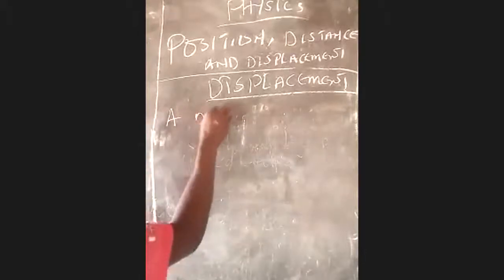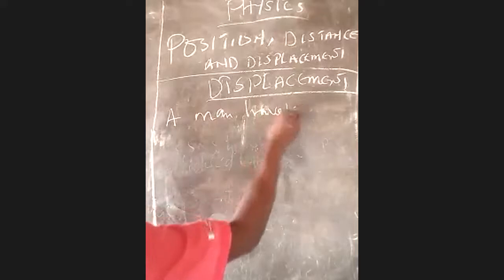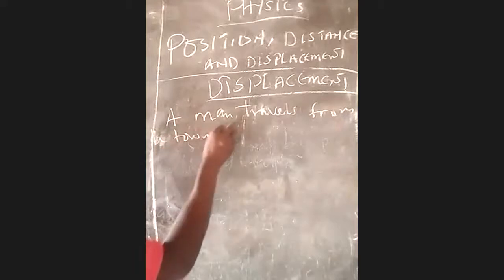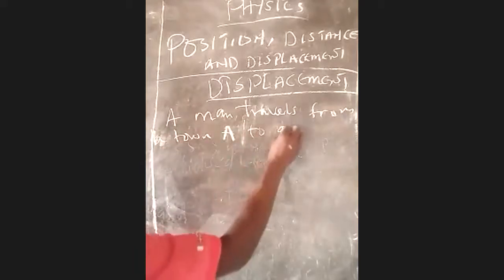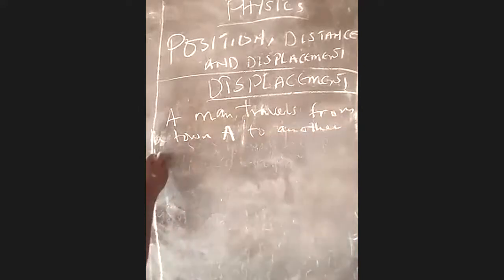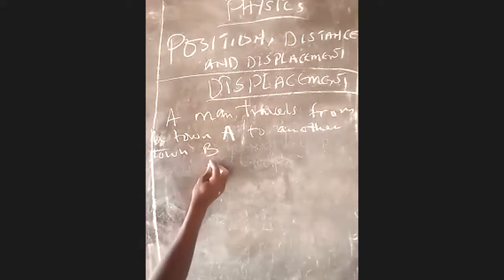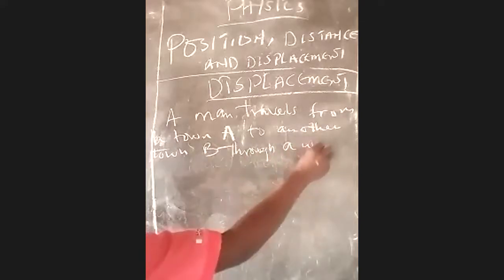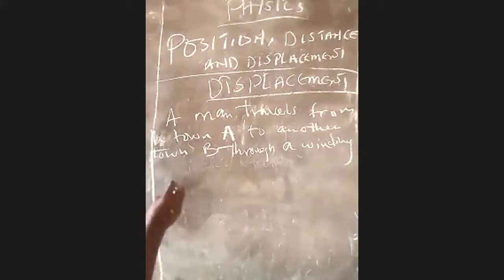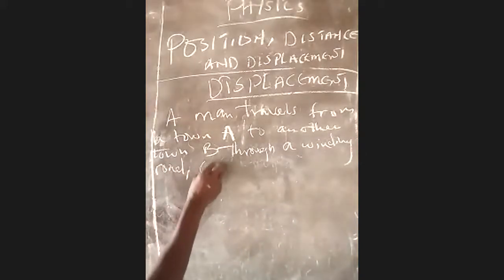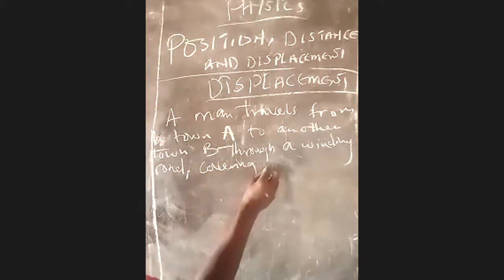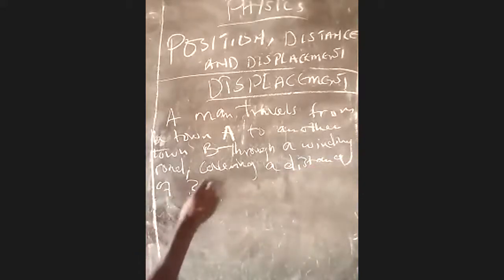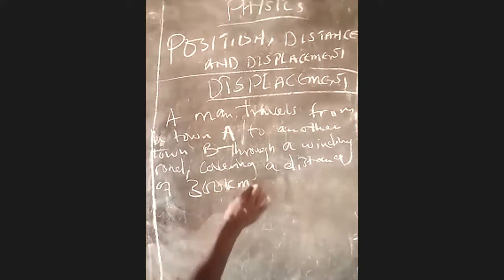Let's say a man travels from a town A to another town B through a windy road, covering a distance of 300 kilometers.